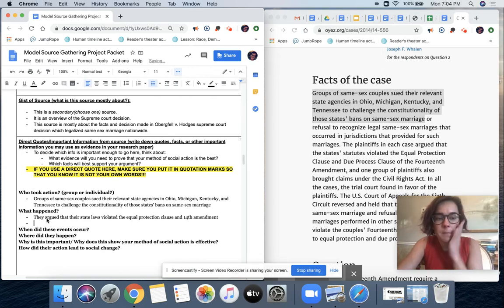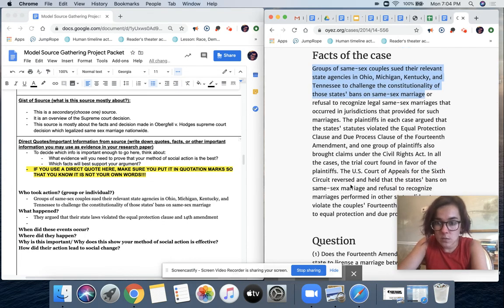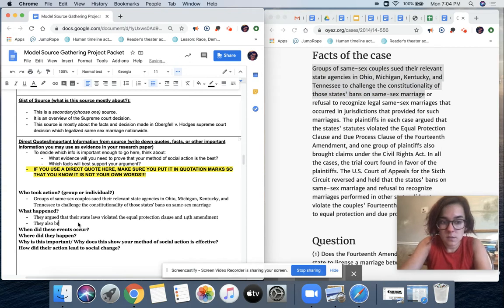The reason for what happened, I'm using my own words here instead of direct quotes, is because a lot of things are going to happen. You might want to talk about what happened to lead to them taking this form of action or what happened during the trial, right? So in this trial, they also brought claims under the Civil Rights Act.